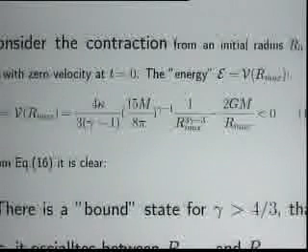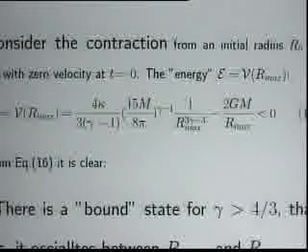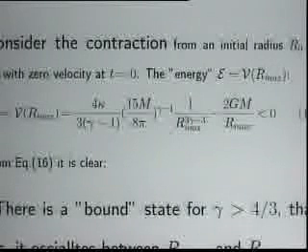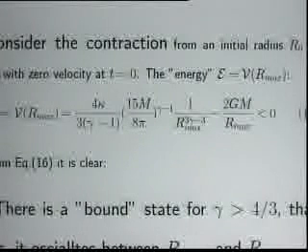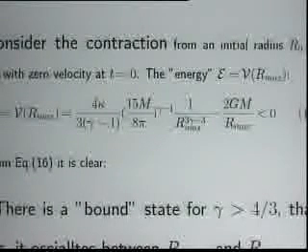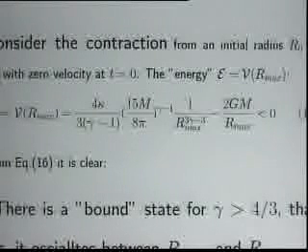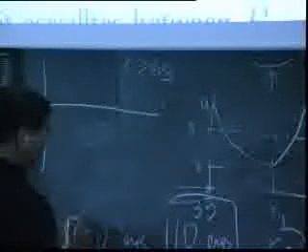So we can consider the contraction from the initial radius, say R equals R maximum, with zero velocity at time t equals 0. That means at the maximum radius, the energy is equal to the potential energy. And the potential energy curve looks like this for gamma greater than 4/3, and like this for gamma less than or equal to 4/3.